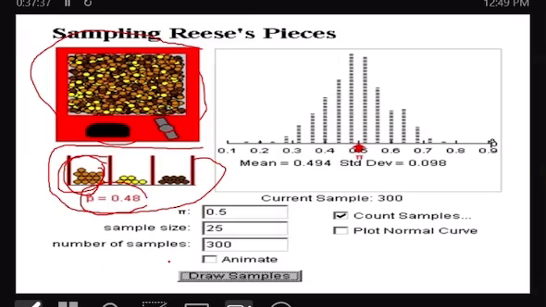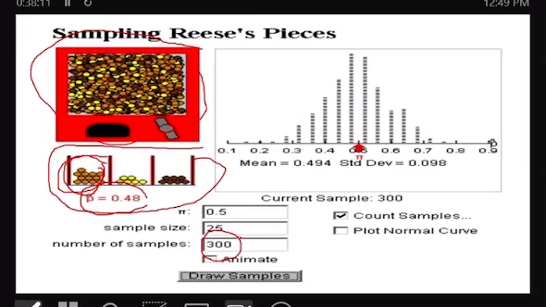I said 300 persons should go. Look at that, 300. The number of samples is different from the sample size. If one person goes into the pool 300 times, and at each occasion chooses 25, it is the same as 300 people going once.